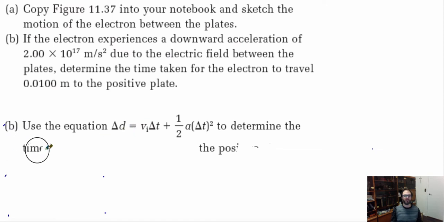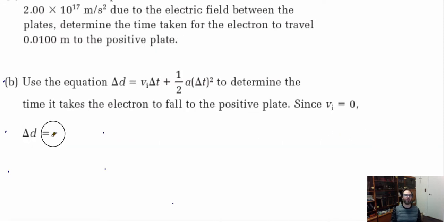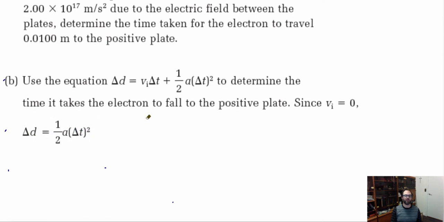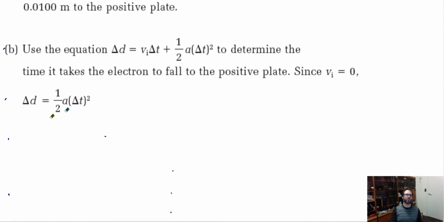Now we want to isolate for the time it takes to fall to the positive plate. And we know the initial velocity is 0 in the y direction, so we end up getting my distance is just equal to 1/2 multiplied by the acceleration multiplied by the time squared. Now we're going to rearrange for time to get the square root of 2 multiplied by my change in distance divided by my acceleration.